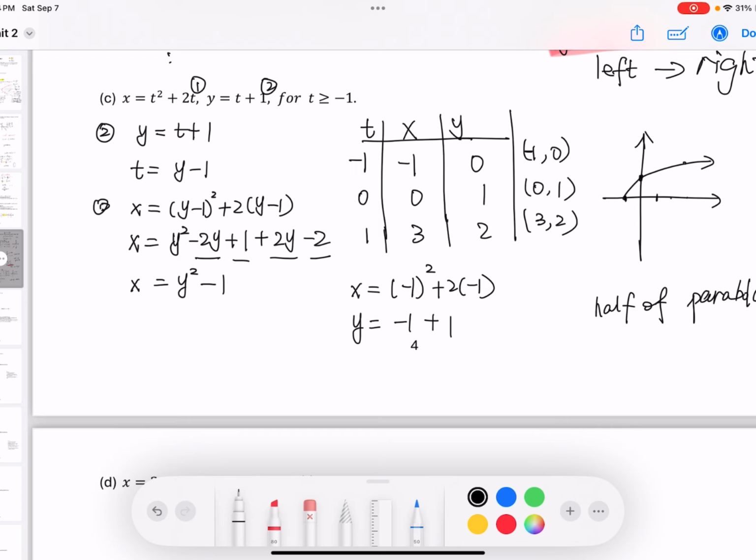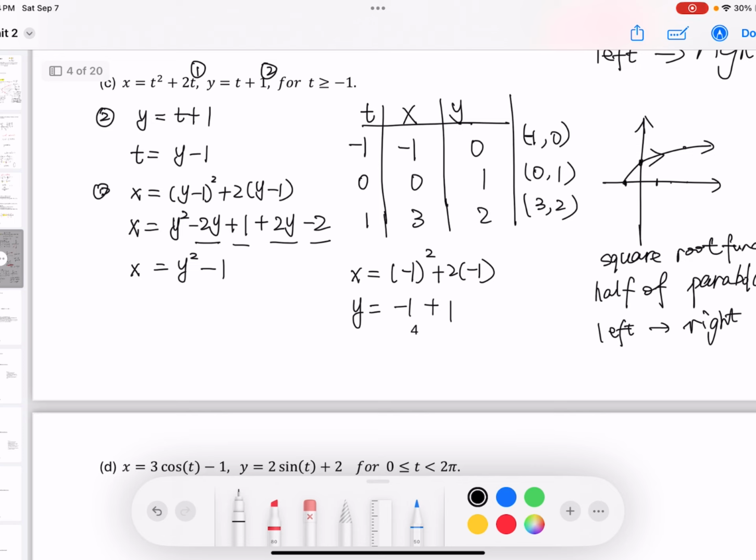So what is the orientation? It is from left to right. You can also say this is a square root function. Okay, let's see the next example.